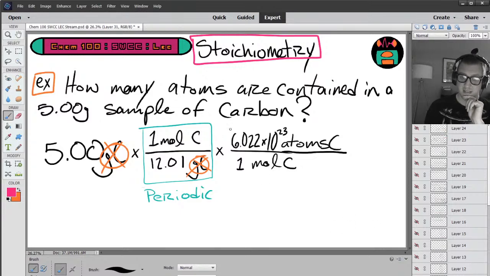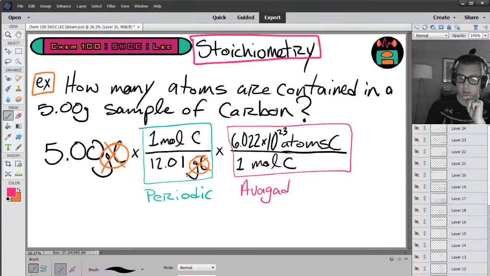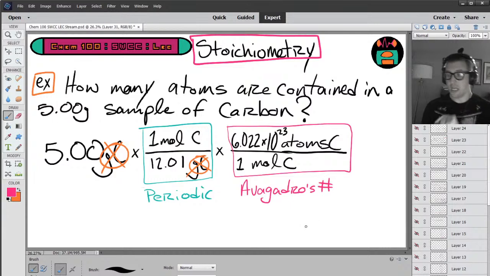So this unit conversion is Avogadro's number. You want to have Avogadro's number written down on your equation sheet. For the other conversion, you get it from the periodic table. Moles of carbon cancel moles of carbon.